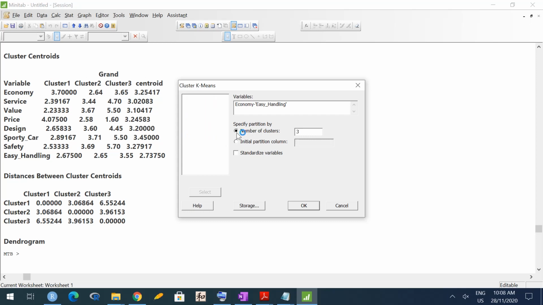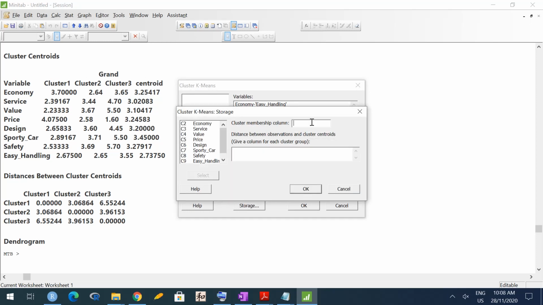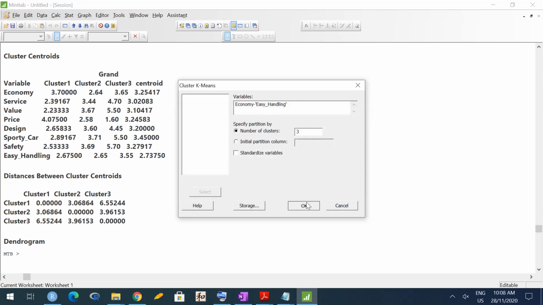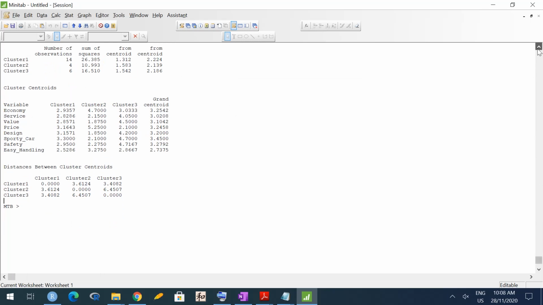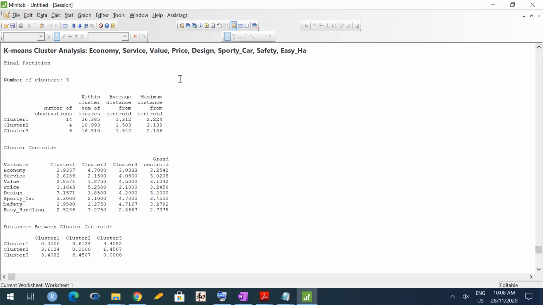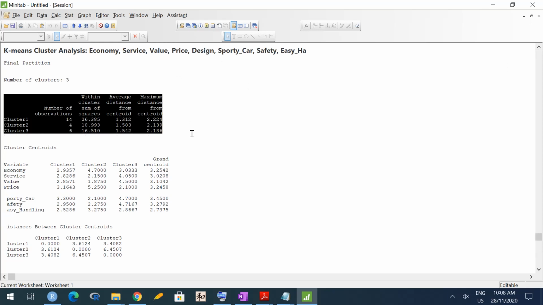Okay, but you don't need to do it always, so we won't do it. And we have to finally store cluster membership, so let me store it in C12 this time. Okay, this output gives you similar things, but here now the cluster configurations have changed.